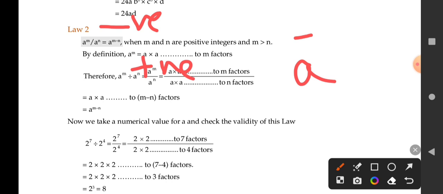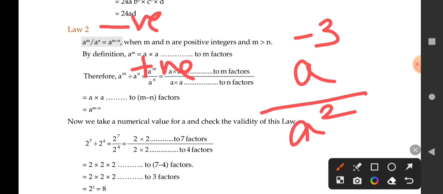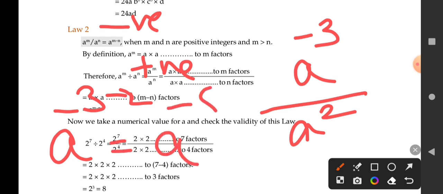A power minus 3 and a power 2. What do we get? A power minus 3 minus 2, which is equal to a power minus 5, which is equals to 1 divided by a power 5, which is still true. So we can use this as well.